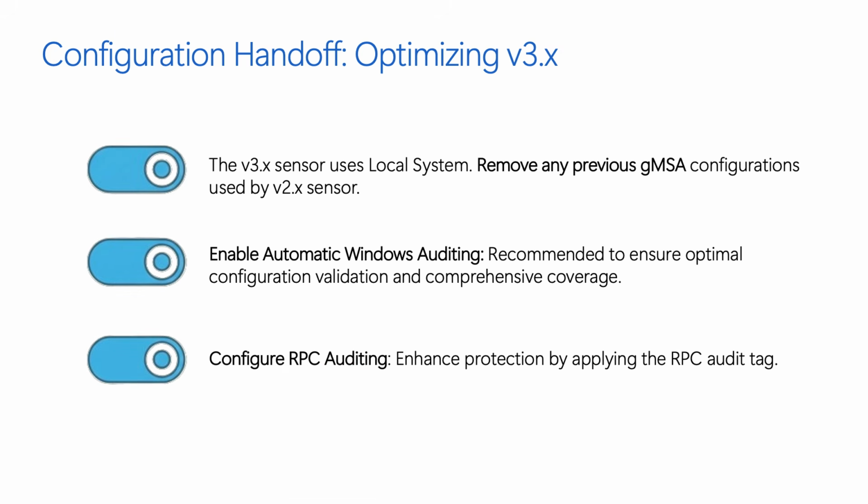Okay, that's pretty straightforward. You click on a couple of buttons and things magically happen in the background. Do we recommend customers to still do something afterwards, even though it says all shiny and beautiful? Yes, we have a few post-migration steps, some recommendations from our side to the customer, such as removing any service account that you used for the V2 sensor, which is no longer required, and enabling the automatic Windows auditing, which is also a pretty new feature, which allows the customer to have automatic configuration of any required auditing setups.